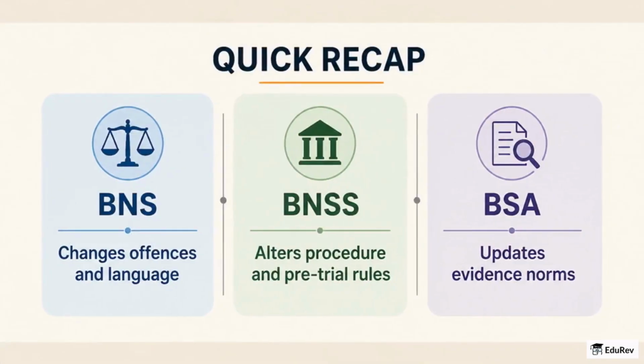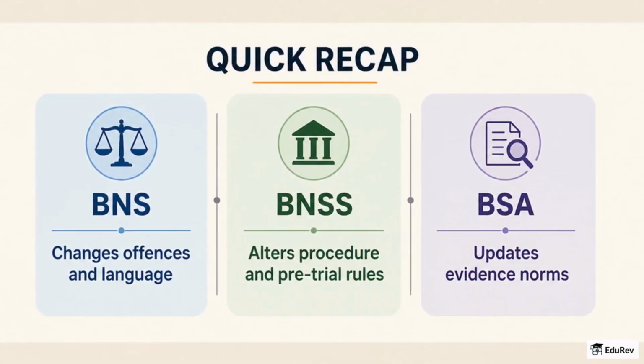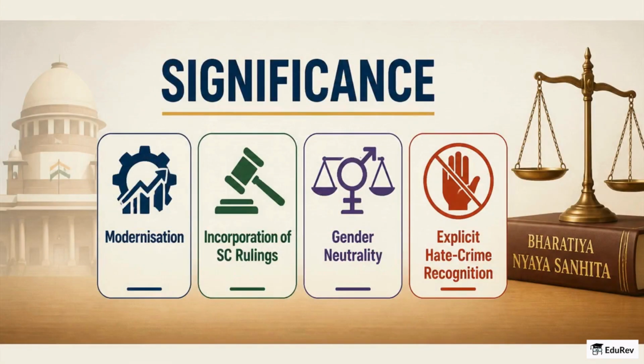Quick recap. BNS changes offences and language. BNSS alters procedure and pretrial rules. BSA updates evidence norms. Significance: modernization, incorporation of SC rulings, gender neutrality, and explicit hate crime recognition.